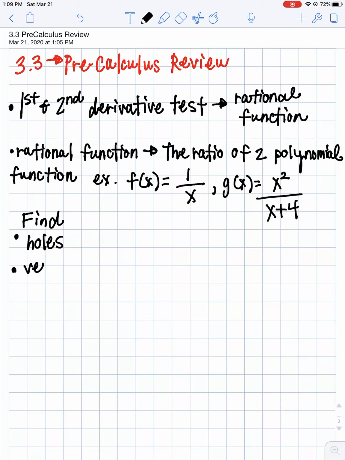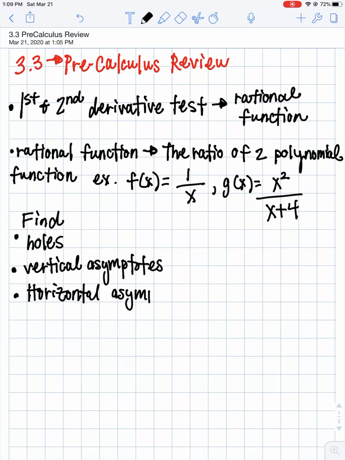holes. I need you to be able to find vertical asymptotes. I need you to be able to find horizontal asymptotes. And I need you to be able to find slant asymptotes, okay?